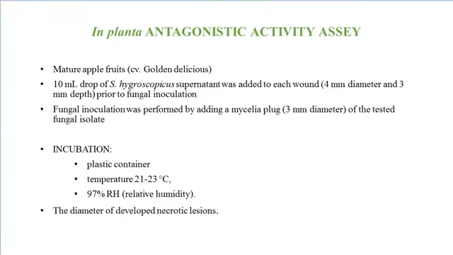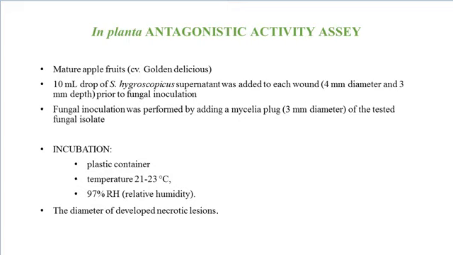In planta antagonistic activity assay was performed to confirm antifungal activity on mature Golden Delicious apple fruits of similar size. A 10 microliter drop of Streptomyces hygroscopicus supernatant was added to each wound, which was 4 millimeters in diameter and 3 millimeters in depth, prior to fungal inoculation.